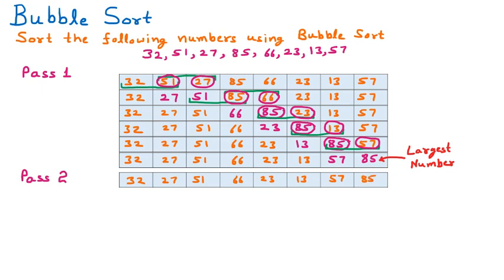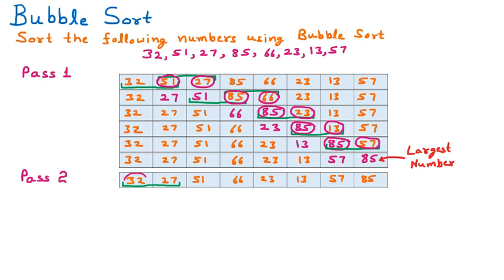We know that in pass 1 we got the largest element at the proper position. So now in pass 2 it is time for the second largest element to be at the proper position. Again we are starting from the first two numbers. We are comparing the two numbers 32 and 27 here. We know that 32 is greater, so 32 will shift to the right.